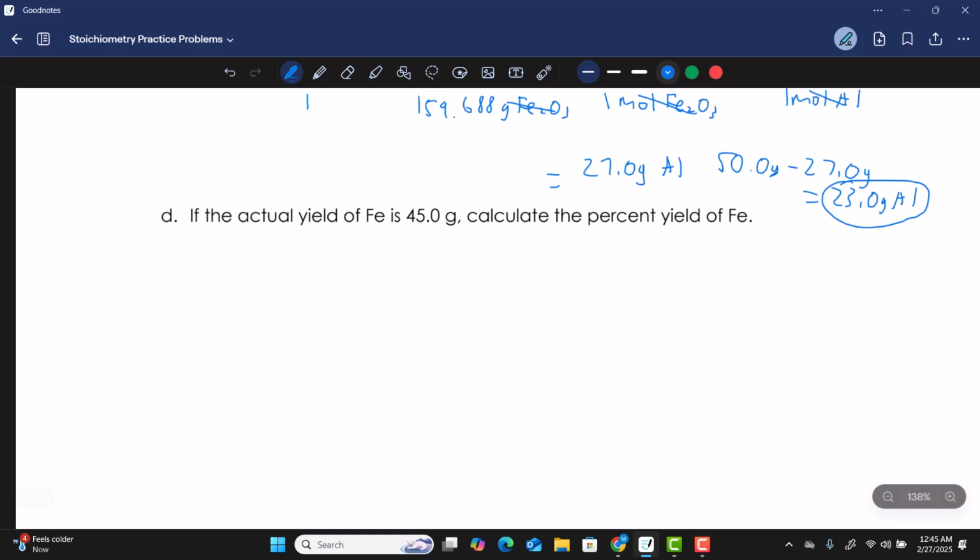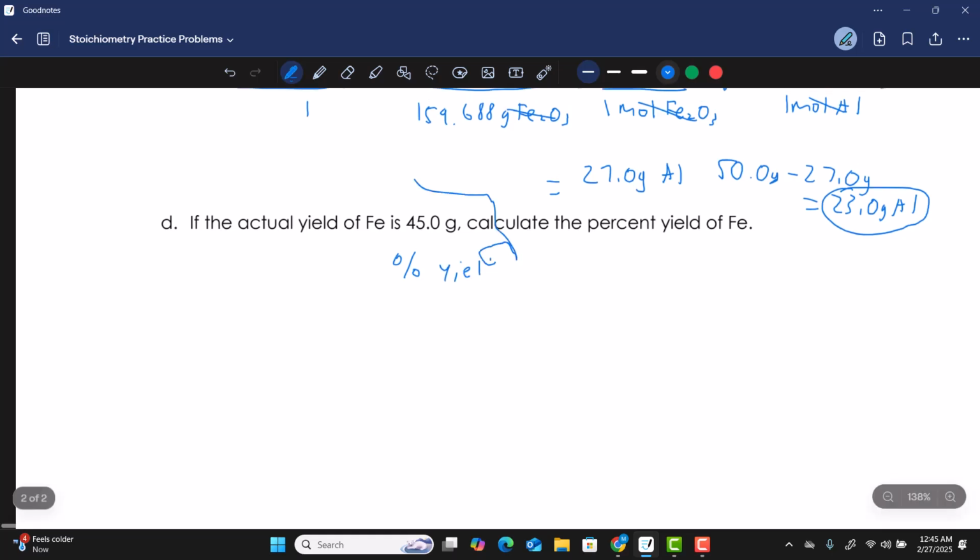So finally, we want to calculate the percent yield. So remember, percent yield is equal to the actual yield over the theoretical yield times 100.